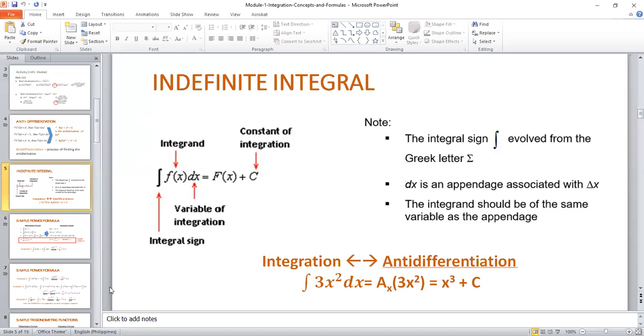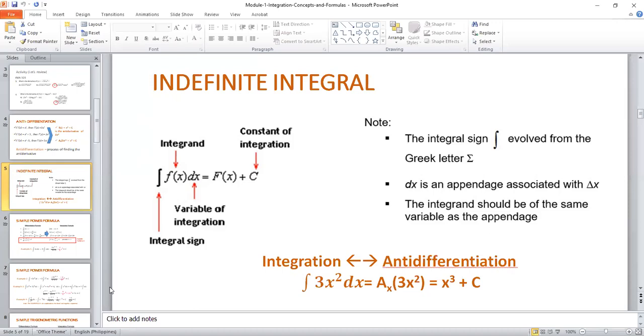Now, for now, since we're starting the course, you will be introduced to the indefinite integral. Indefinite in the sense that its value is not defined yet because there are no set limits to it. So we did not put any limit yet in the process of our integration. So as such, we call it an indefinite integral.